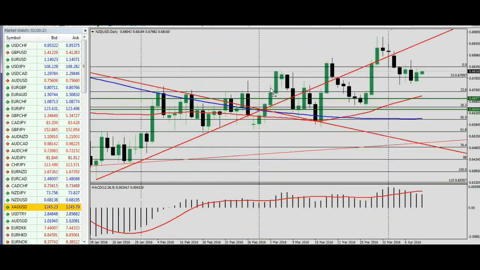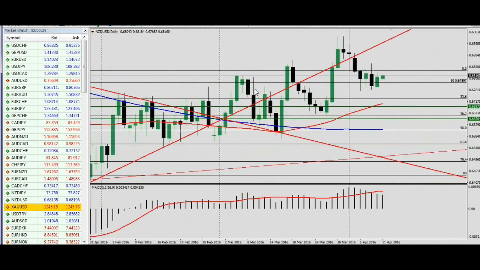If you look onto the pair from daily time frame perspective, we can presume that the previous day's, basically Friday's, highest high at 0.6830 level, should be broken above in order for us to consider any kind of bullish development.